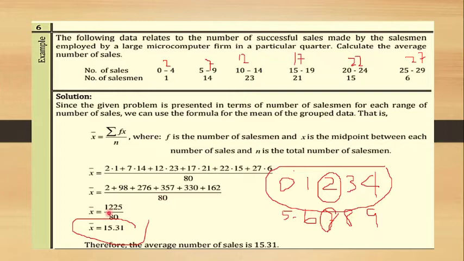So, the mean is equal to 1,225 over 80. Simplify. The mean is 15.31. Therefore, the average number of sales is 15.31.